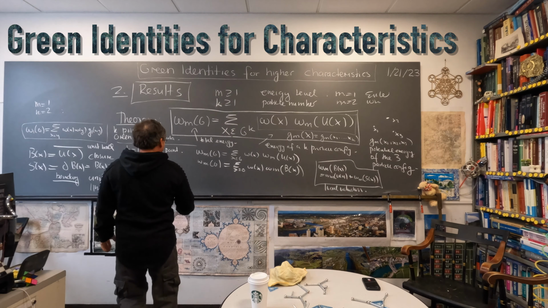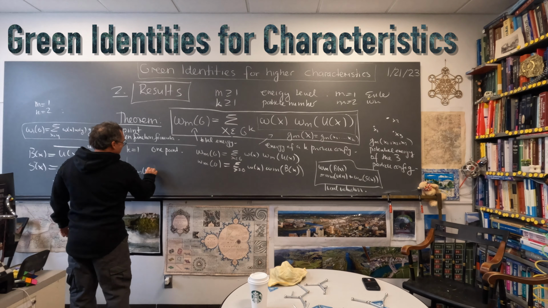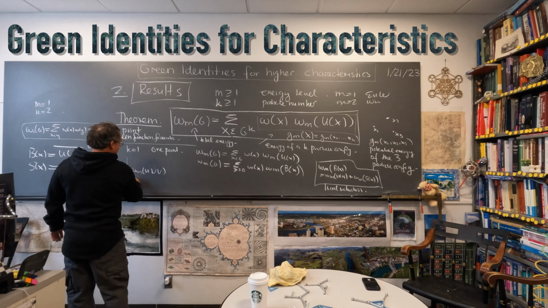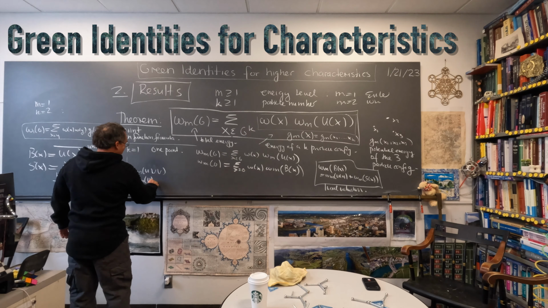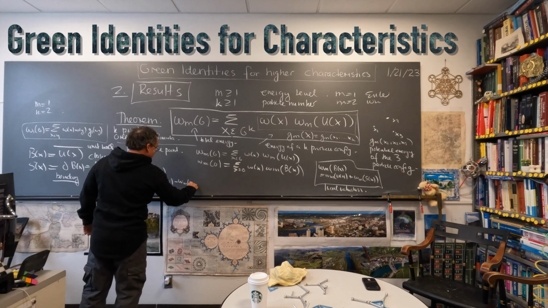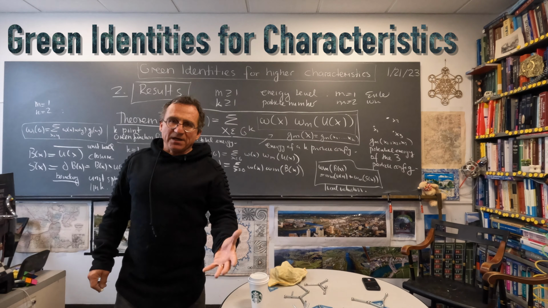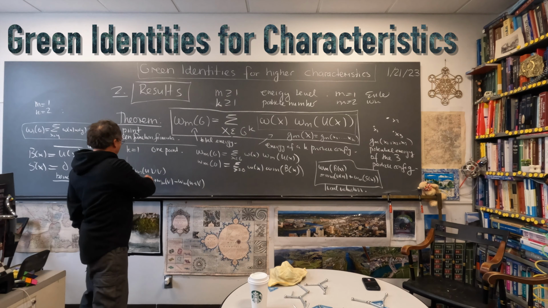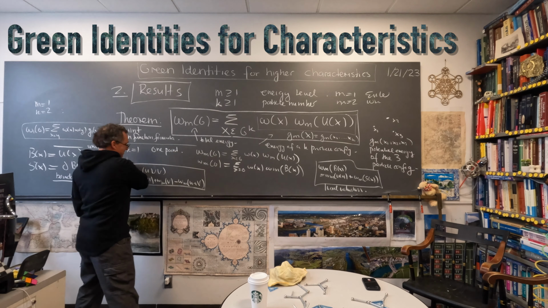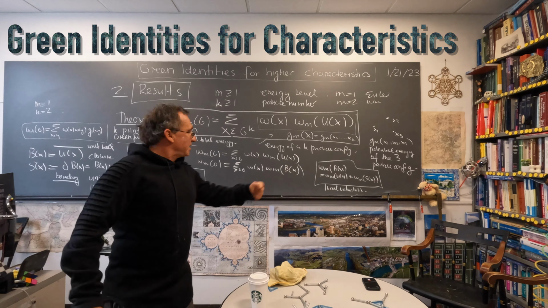Because what happens, for example, you have omega_m(U union V) is omega_m(U) plus omega_m(V) minus omega_m(U intersect V), which is true for Euler characteristic for arbitrary sets, but for the higher characteristics it's wrong for arbitrary sets, but it's true for open sets.